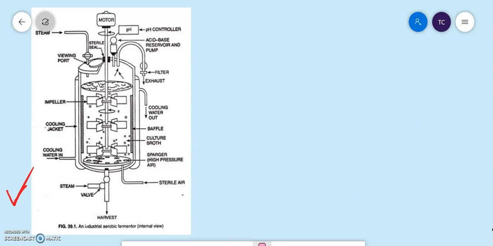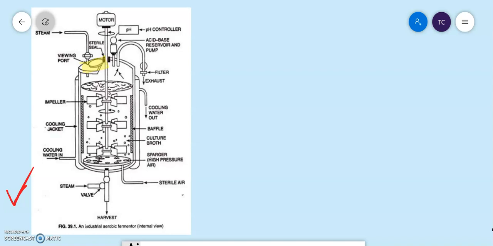That is why sealing the fermenter confinement is very important. I will highlight this sterile seal.